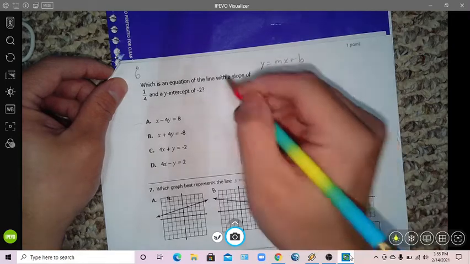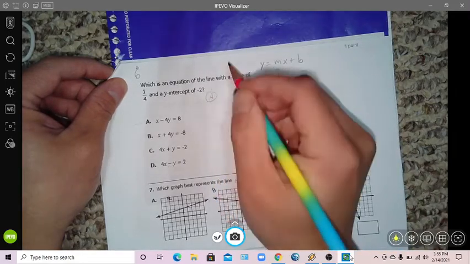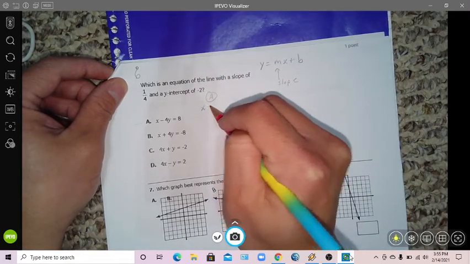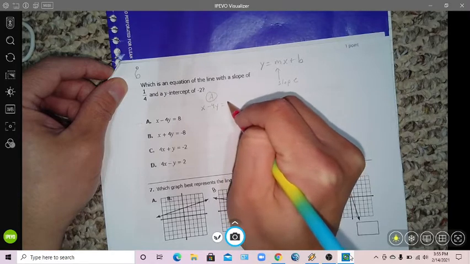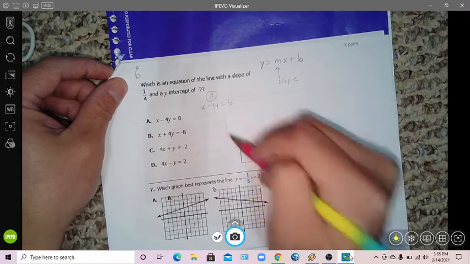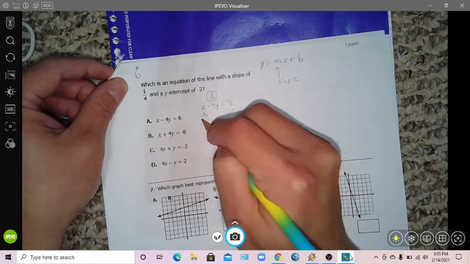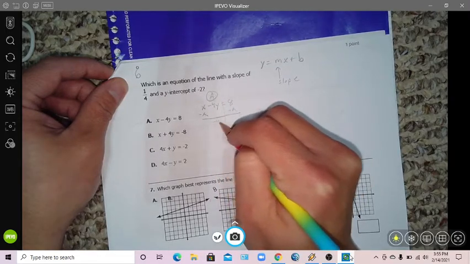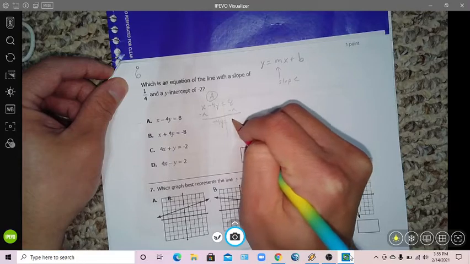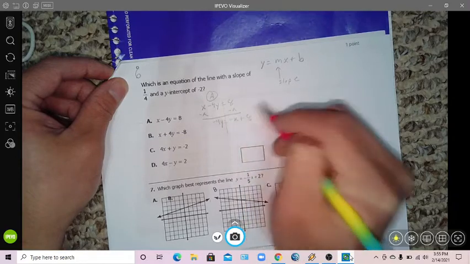So let's start with A. Here's A: x minus 4y equals 8. There's my equal sign. I'm going to subtract the x from both sides. I have negative 4y equals negative x plus 8.